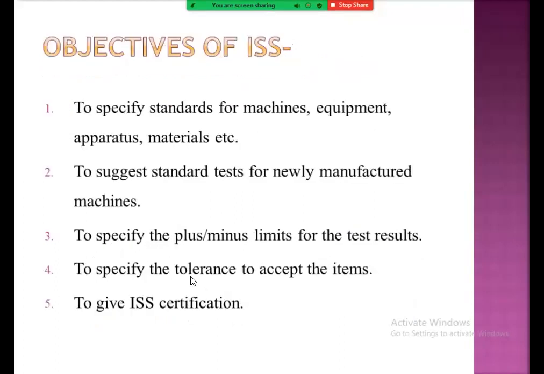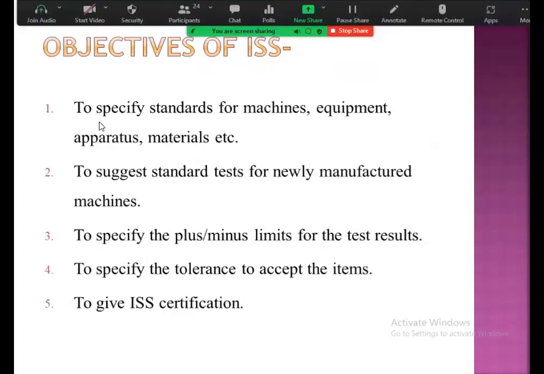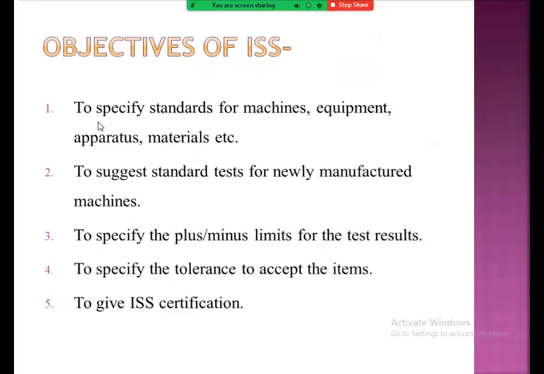Then the objectives of ISS, the Indian Standard Institution, which you can also call the role of the Indian Standard Institution. The first is to specify the standards for machines, equipment, apparatus, materials, etc. Second, to suggest a standard test for newly manufactured machines.